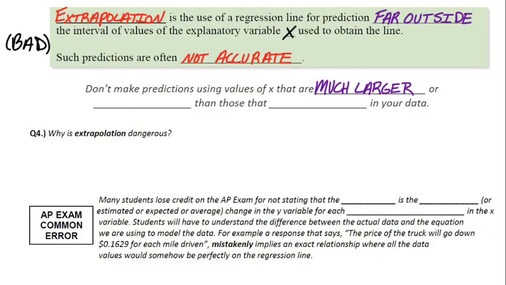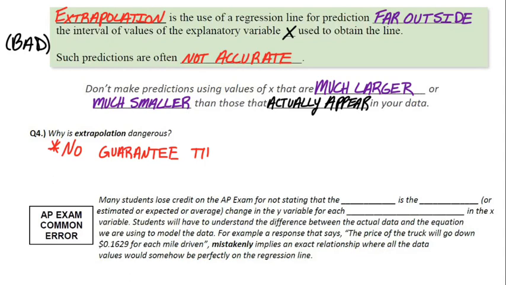So in general, don't make predictions for x that are either much larger or much smaller than those that are actually appearing in your data. So why is it dangerous? And actually, we kind of observed this in the two examples already. Because it gives you stuff that's unreasonable.